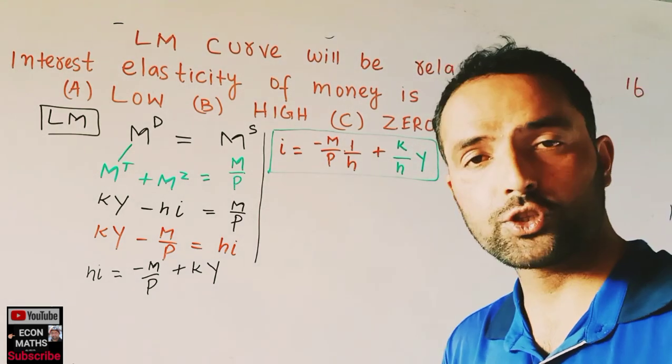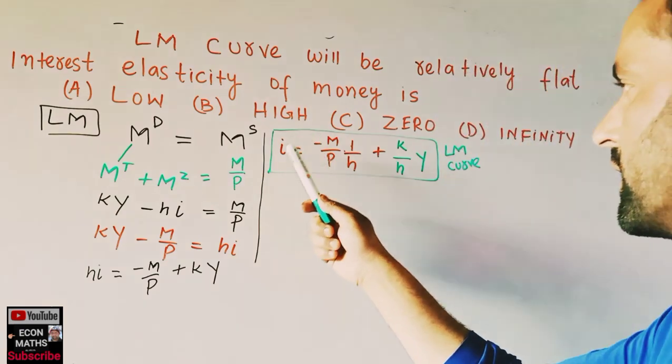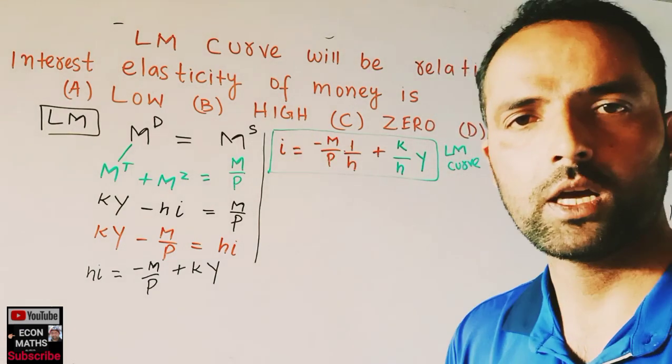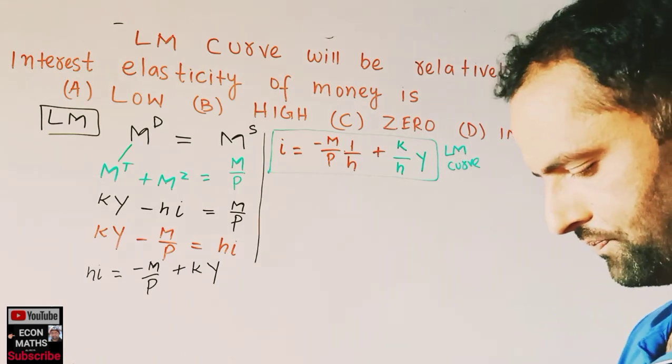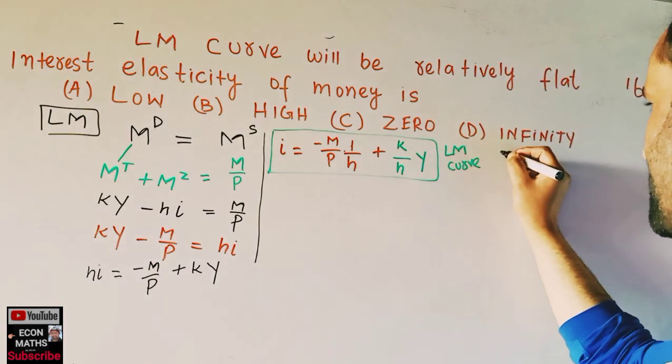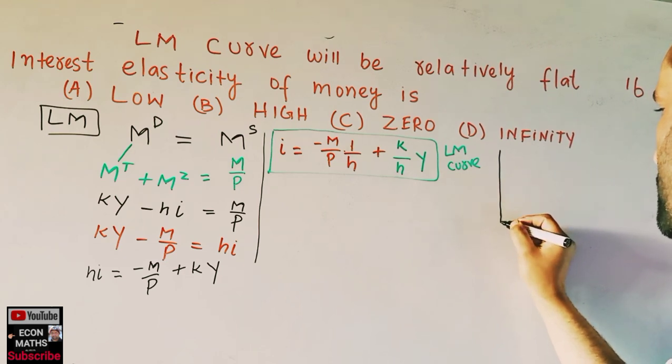So this shows us the different combinations of rate of interest and level of income which show the money market equilibrium. Graphically, what exactly is meant by this? Let me show it here.